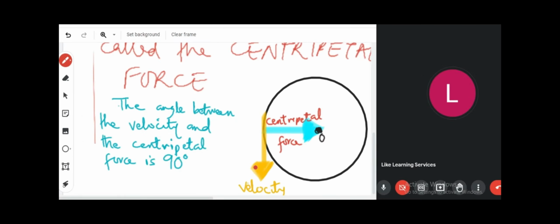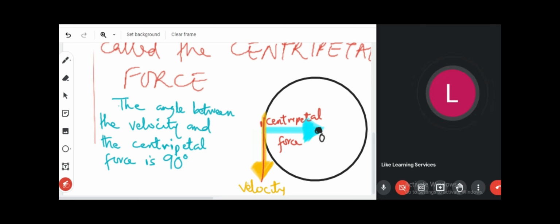For centripetal force, the direction is always towards the center of the circular path. So this blue arrow, which is towards the center, towards O, is the centripetal force.